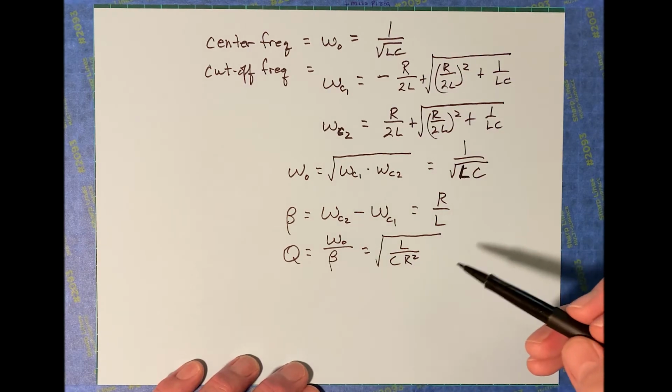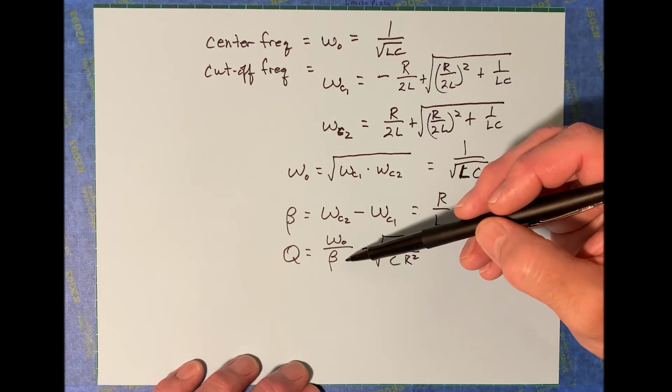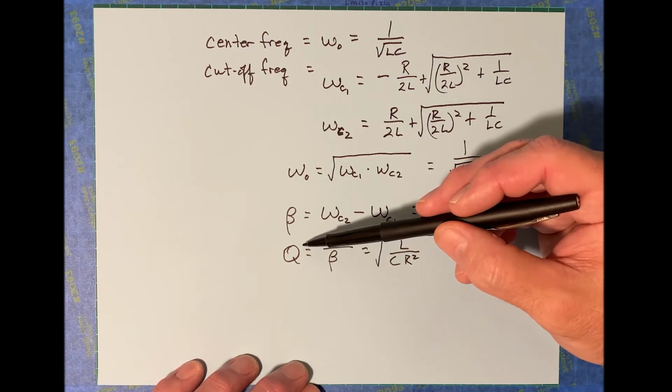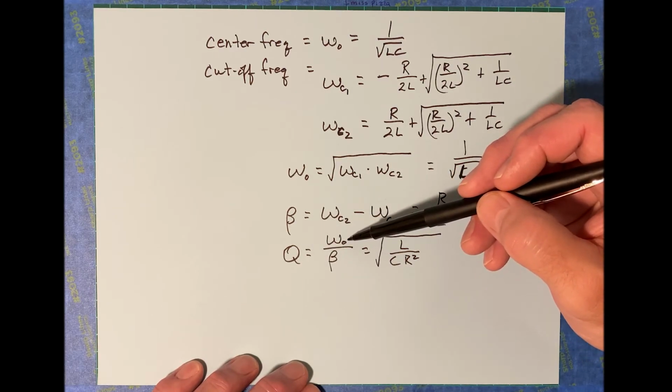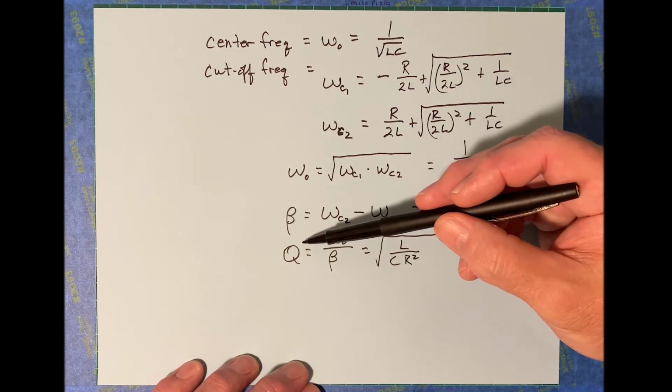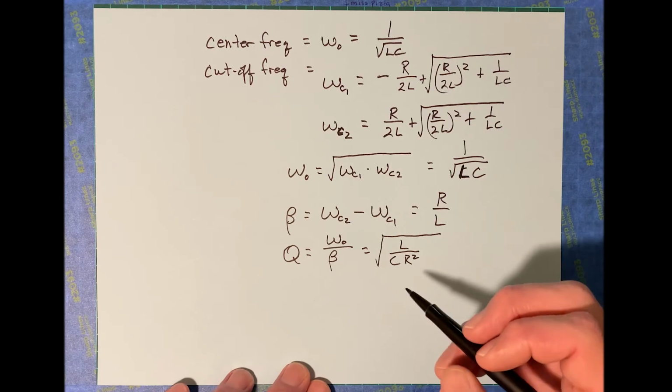Okay, so you can see what that means here. A narrower bandwidth gives you a higher Q, and a higher frequency for the center frequency here also gives you a higher Q. Okay, so it works out to be this.